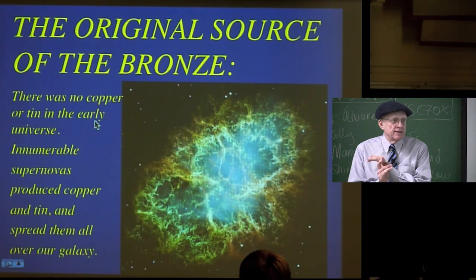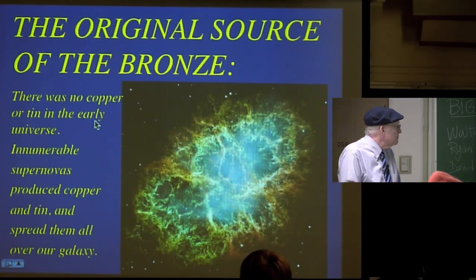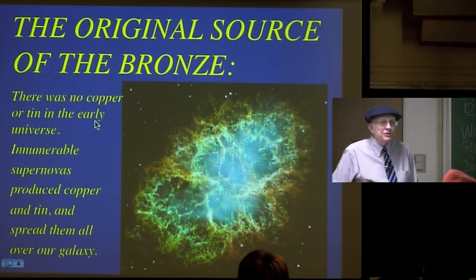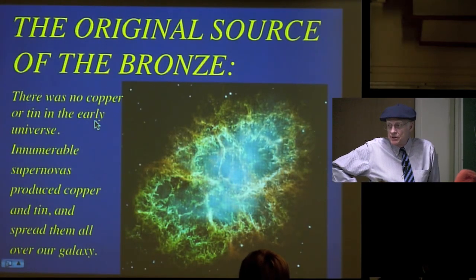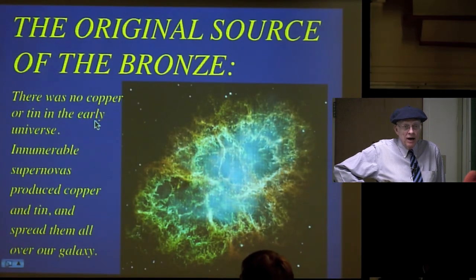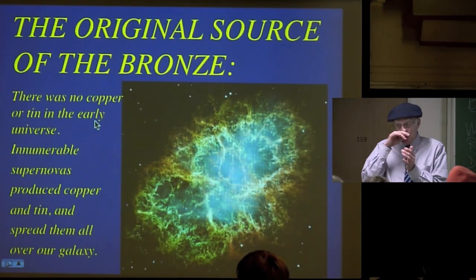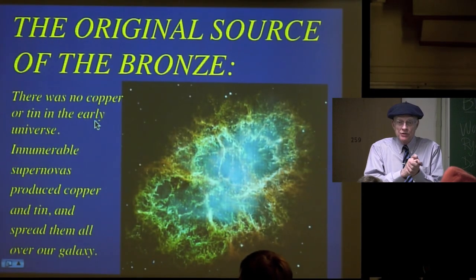And we'll get into that next week. But the answer is that innumerable supernovas produced copper and tin. They produced these elements heavier than helium. They were formed partly by nuclear fusion and then partly by the collapse that leads to a supernova.